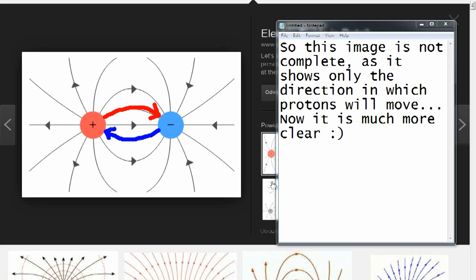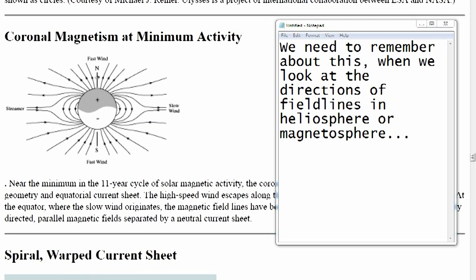Now it is much more clear. We need to remember this when we look at the directions of field lines in the heliosphere or magnetosphere.